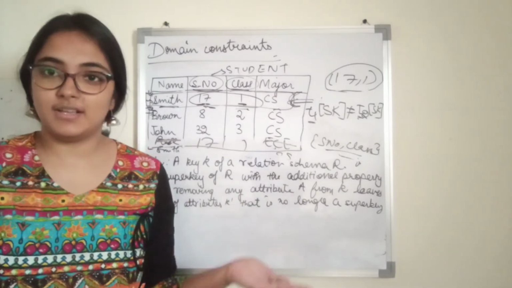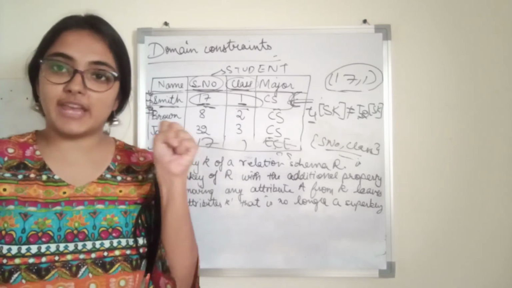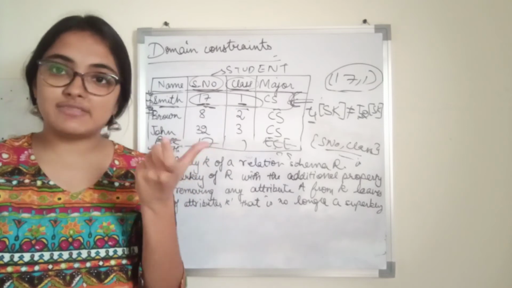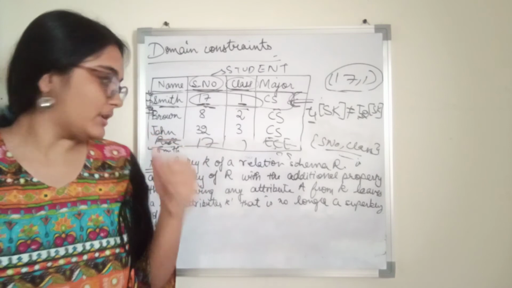Key is a minimal super key. What is minimal? Minimal means we cannot remove anything from it and still the condition holds, right? Minimal means it cannot be reduced further. So a key is a minimal super key.